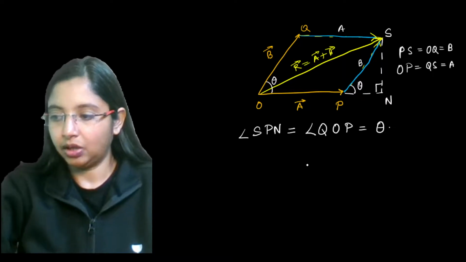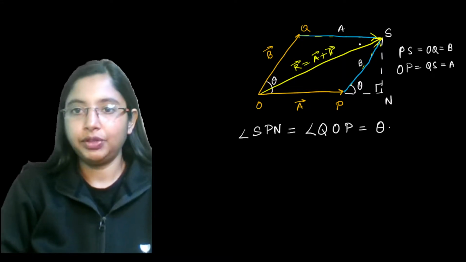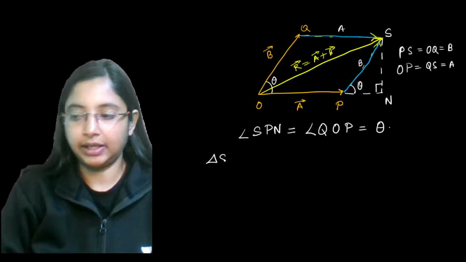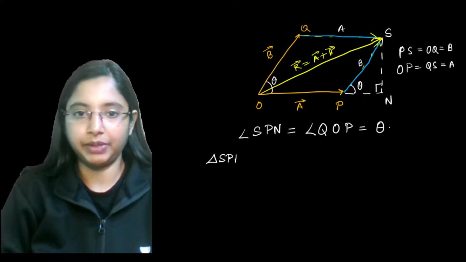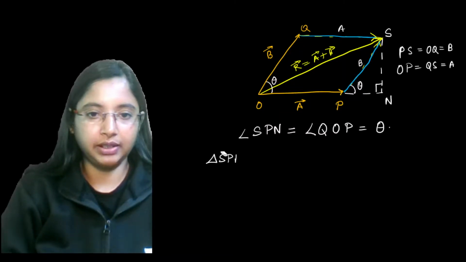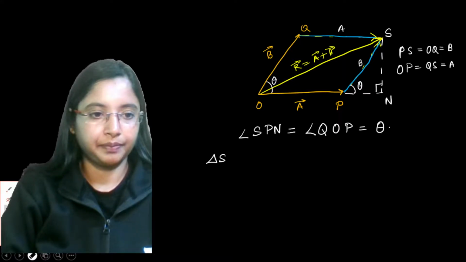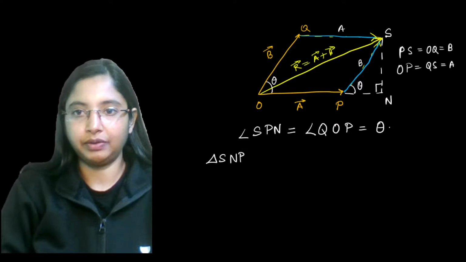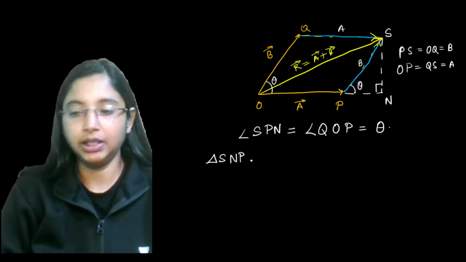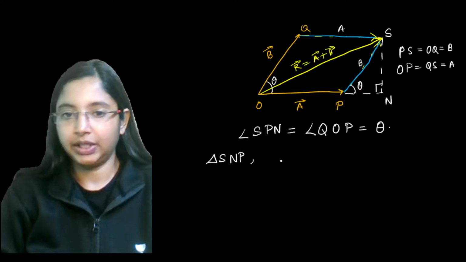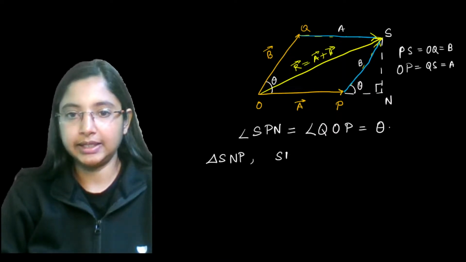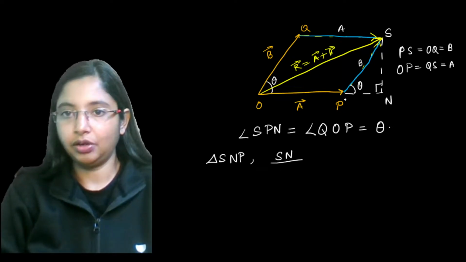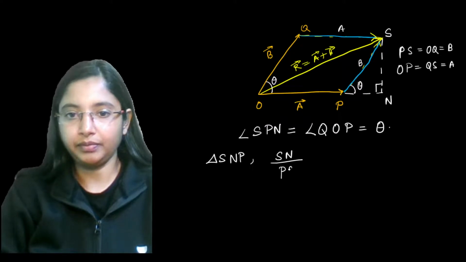Now if you take the right angle triangle, just look at the right angle triangle SNP. If you just look at this triangle over here, we can say SN by PS gives you what?